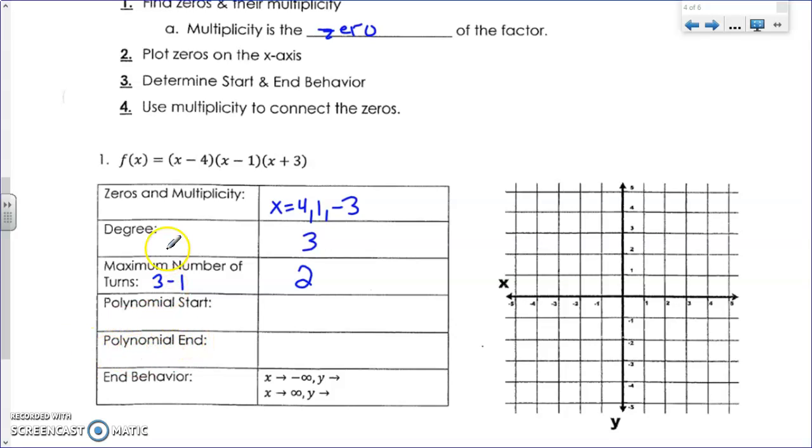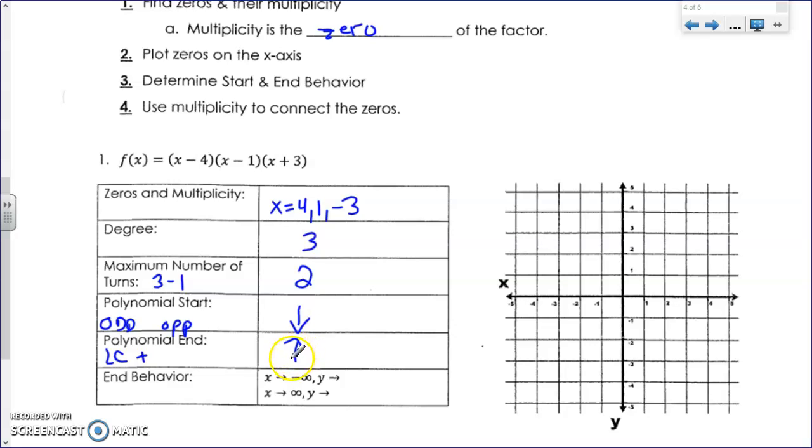Okay, so the way the polynomial ends, the leading coefficient here is positive. So it's going to end up. The degree is 3, so that means it's an odd degree. So odd is opposite, so it's going to start down.